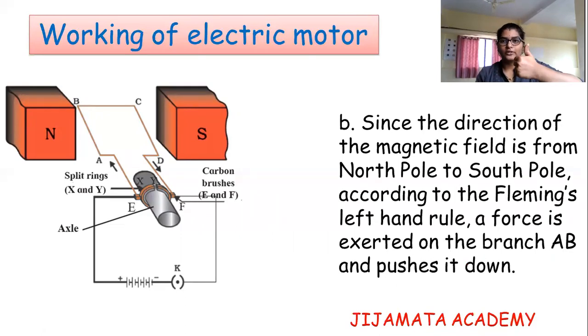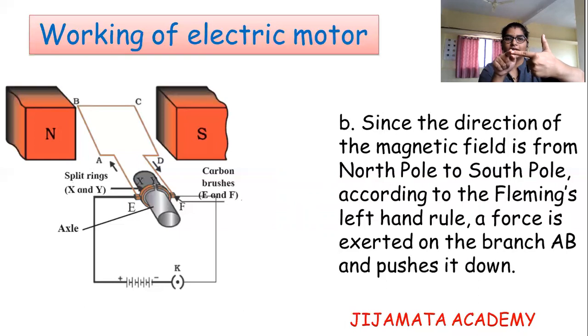If we stretch our thumb, index finger and middle finger, our thumb indicates the direction of electric current. So in this electric motor, current is flowing as ABCD, and the direction of electric current through branch AB is in the upward direction. So our thumb shows the direction of electric current.